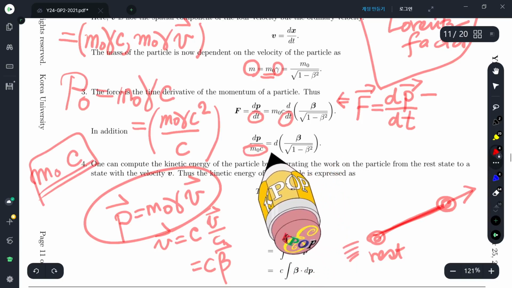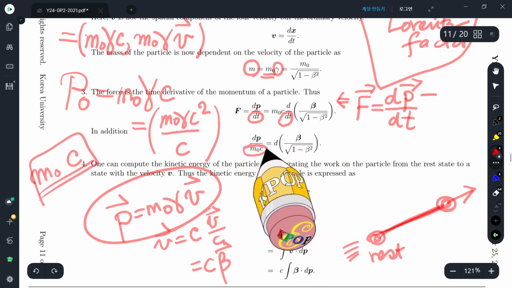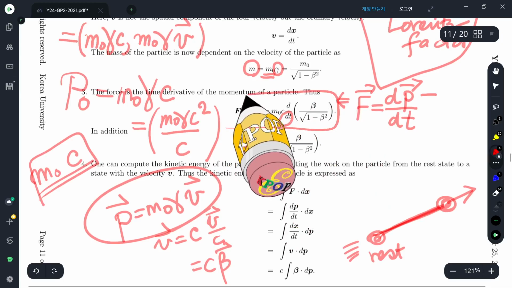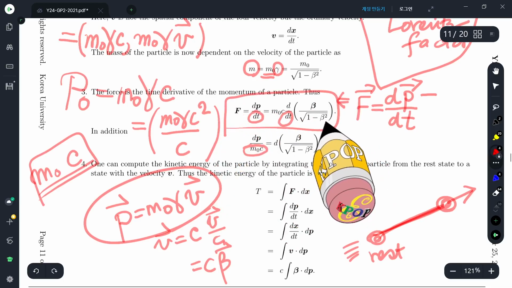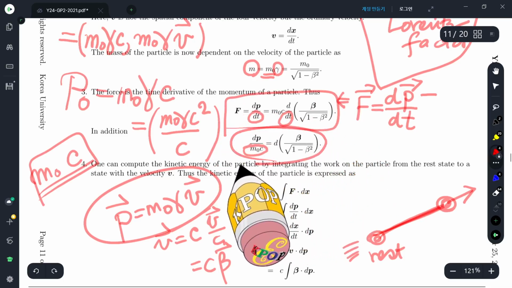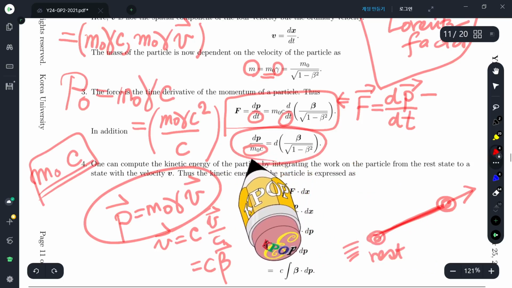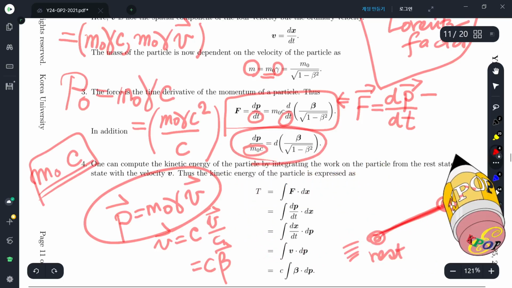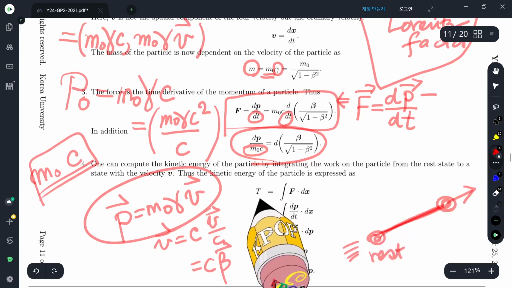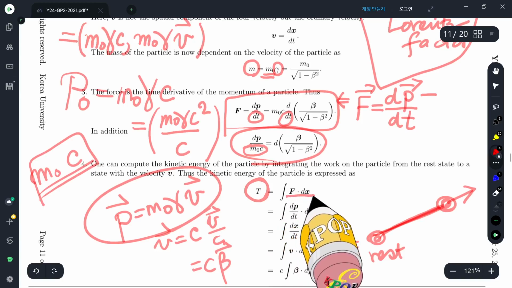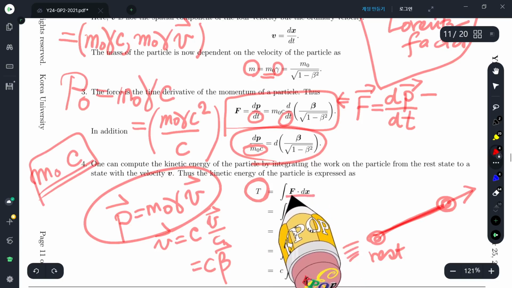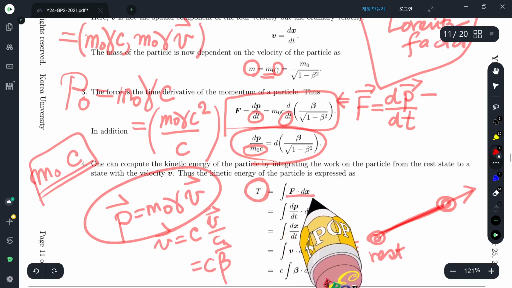From the relation of the force, we have found the total differential of the linear momentum in this way. All right, the calculation of kinetic energy is a calculation of the work. Work is a force times a displacement.